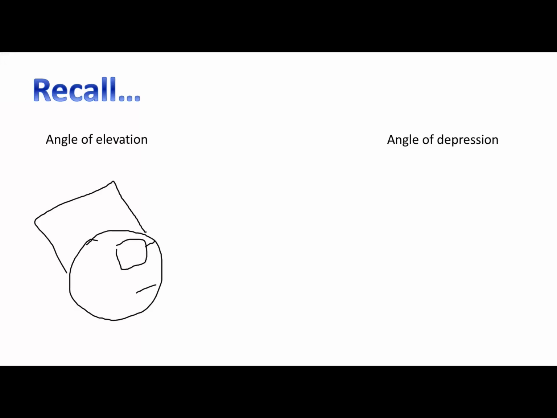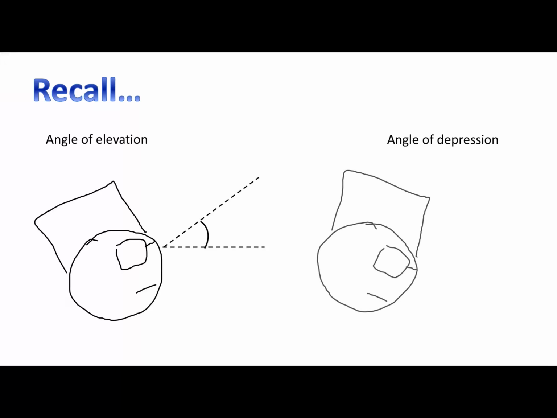For angle of elevation, you always start with a horizontal line and then the line of sight. This is the angle of elevation. Likewise for angle of depression. Okay, you look down. First thing, draw the horizontal line, the line of sight, and this is your angle of depression.